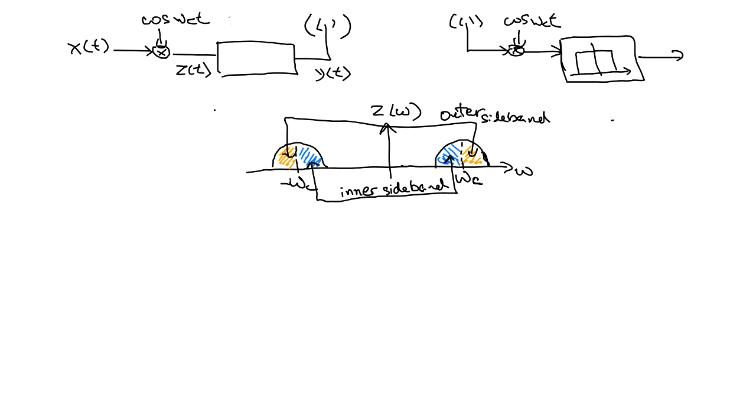So what that means is there are multiple ways to do single sideband transmission. Passing Z through a low pass filter is one way.